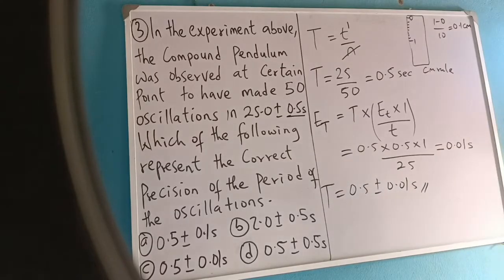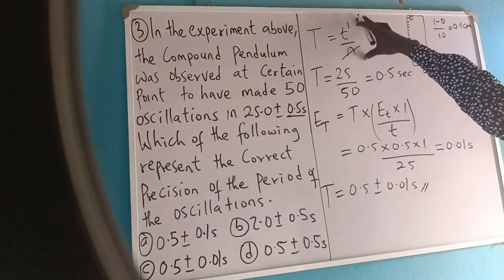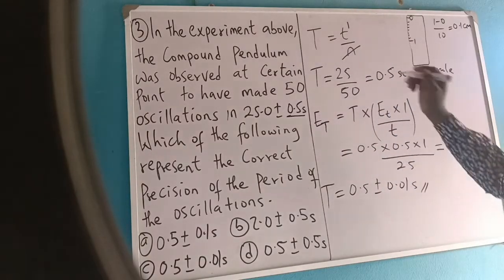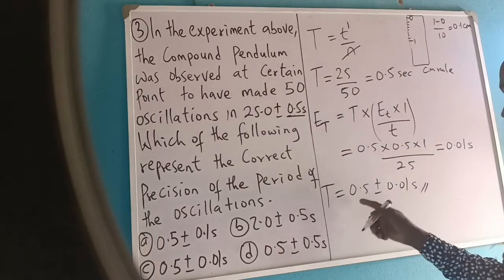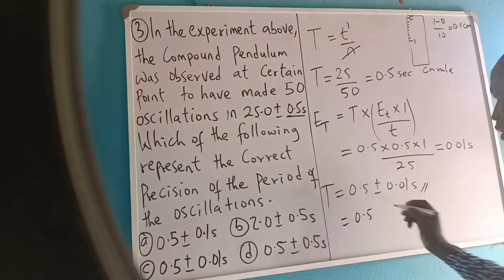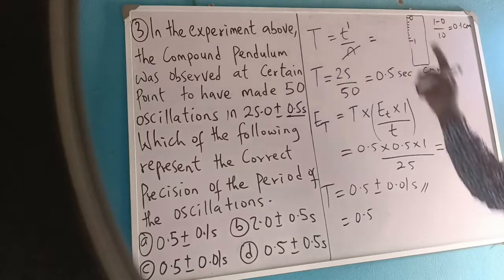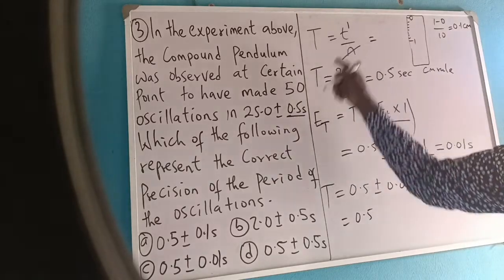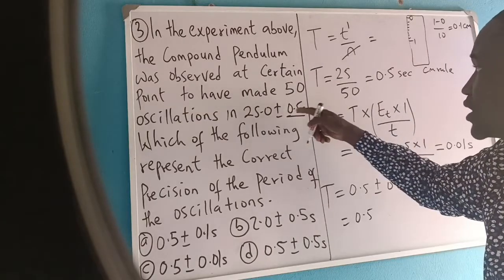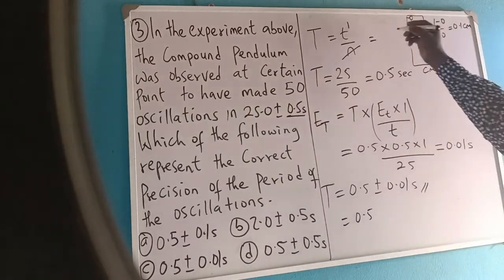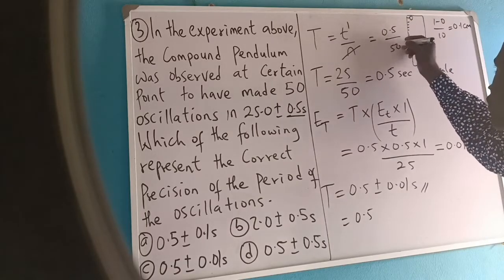That is your answer. Another way you can solve this question, because this question is simple and direct, is that you use this formula to get your period. Now, for you to get the error in period, you also use this formula, because the error in t was given. You use t over N. You also say 0.5 all over 50 oscillations.